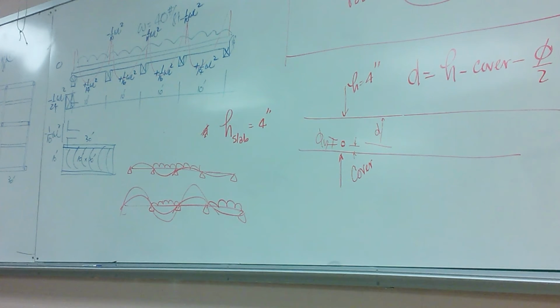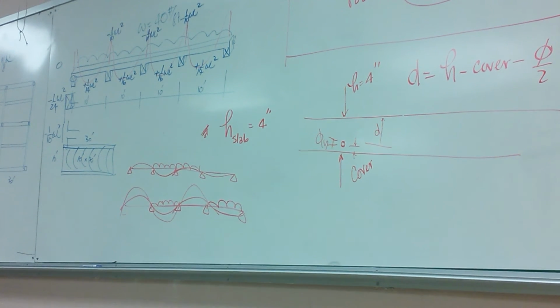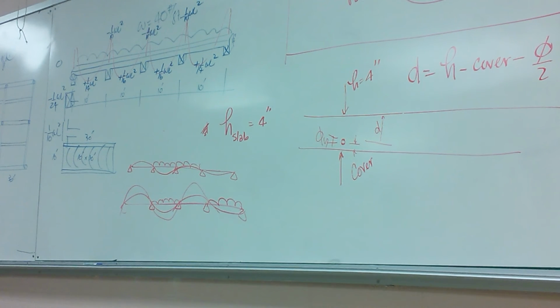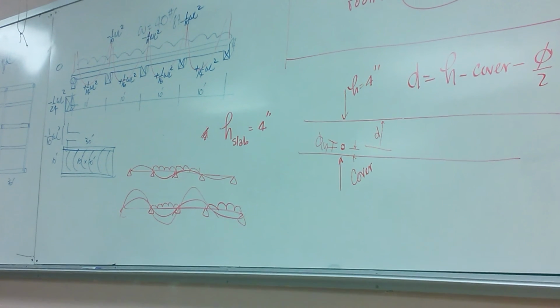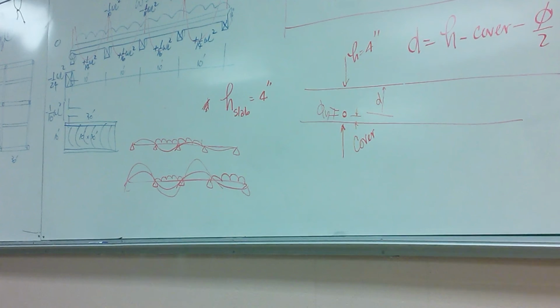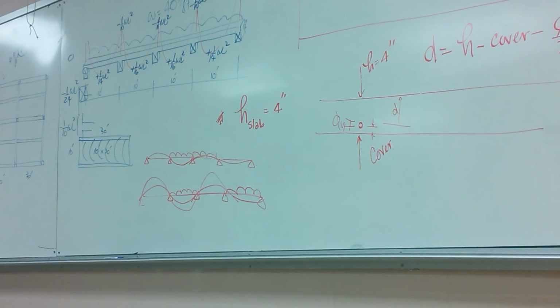So with the moment, you get your As. You don't go into saying, hey, use a number 6 bar, something like that. You are still calculating the requirement per 1 foot width of the slab. That's when this first table comes in.